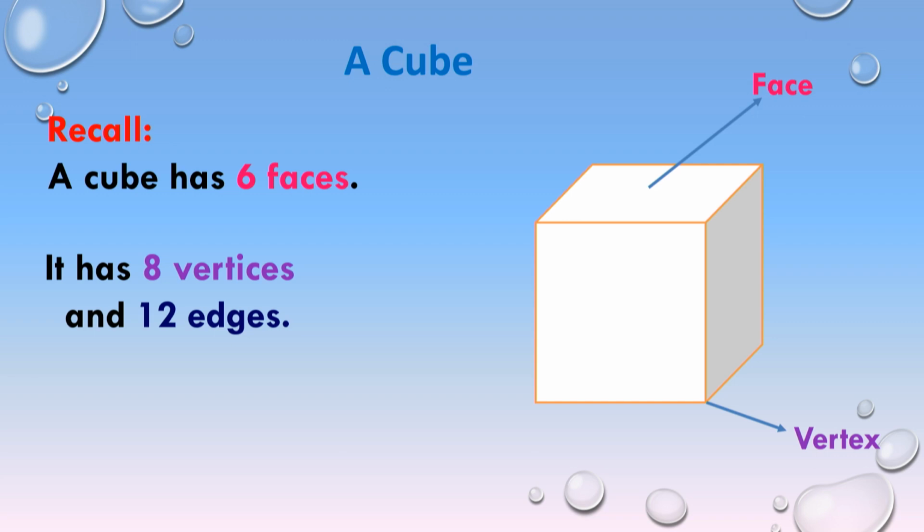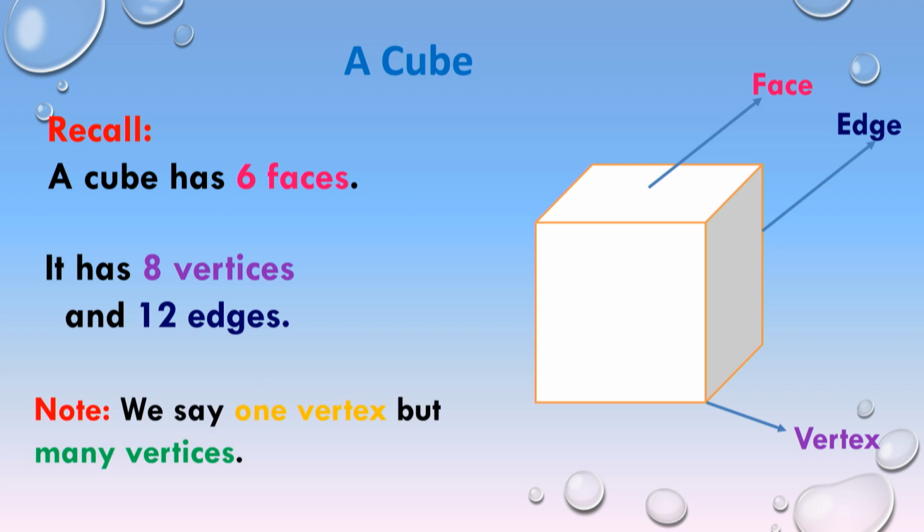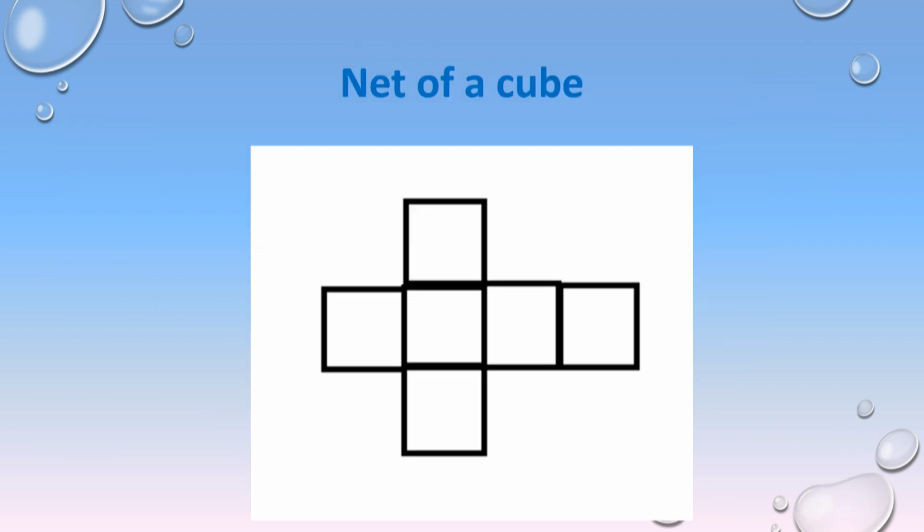An edge is a line segment where any 2 faces meet, and the corner where the 3 faces of the cube meet, we call it a vertex. So a cube has 6 faces, 8 vertices, and 12 edges. Remember, we say one vertex, but many vertices.